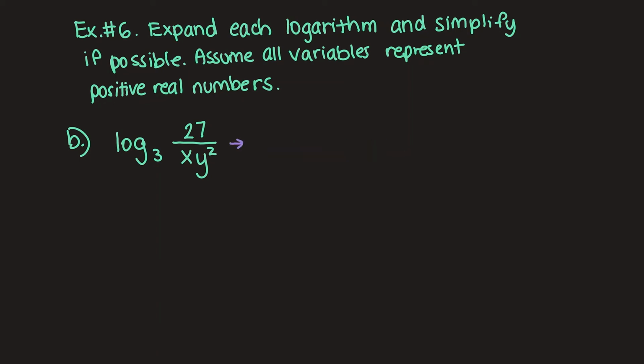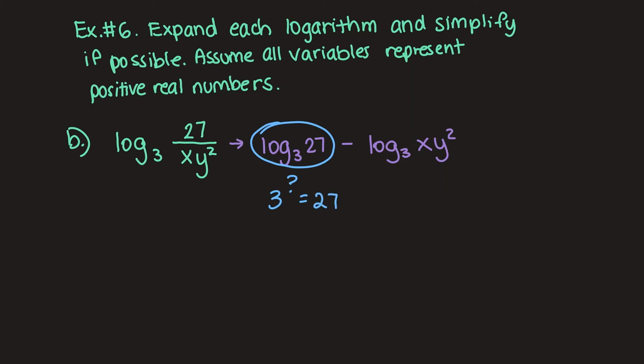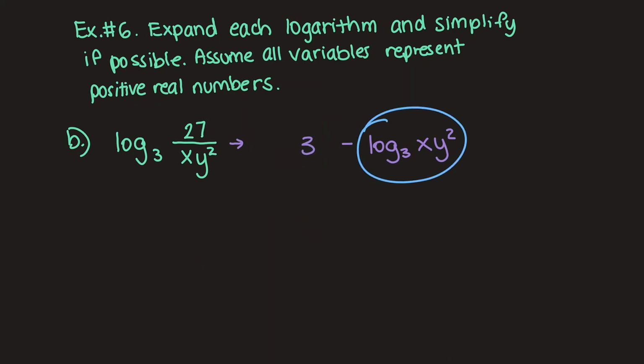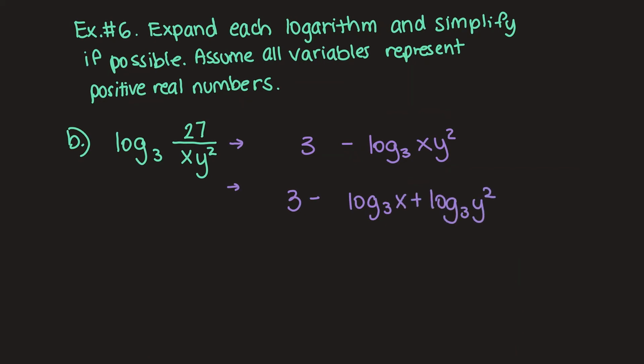To expand the next example, we can start by using the quotient rule. So this expands to log base 3 of 27 minus log base 3 of xy squared. We can simplify log base 3 of 27 because there's a value that we can raise 3 by to get 27, and that value is 3. And we can still expand out the second log. We can use the product rule, so this will expand to log base 3 of x plus log base 3 of y squared.